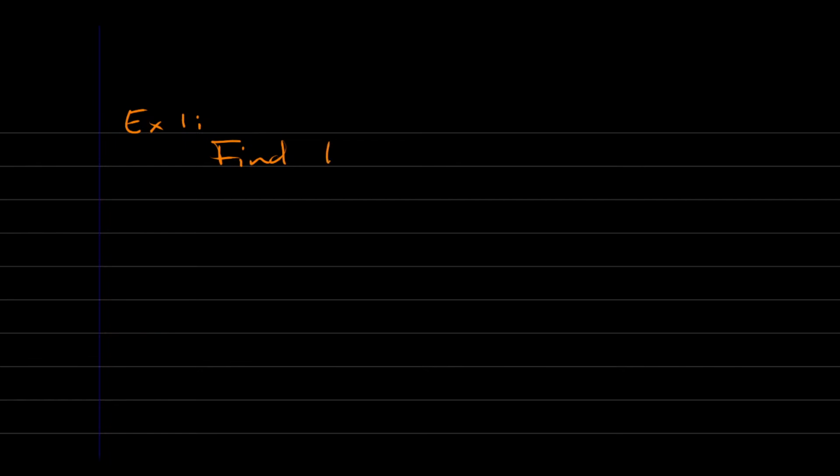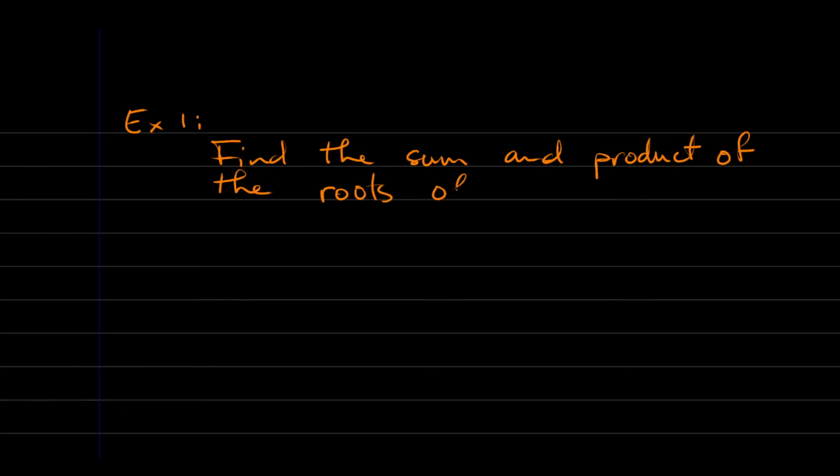Find the sum and product of the roots of 2x squared plus 5x minus 4 equals 0.